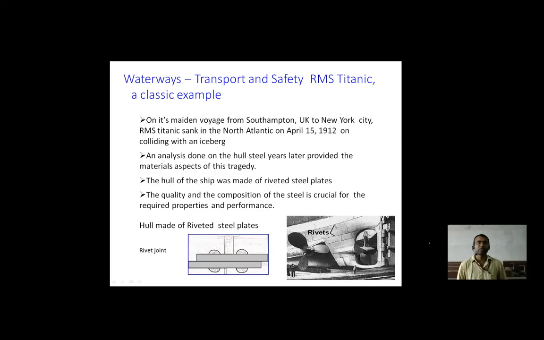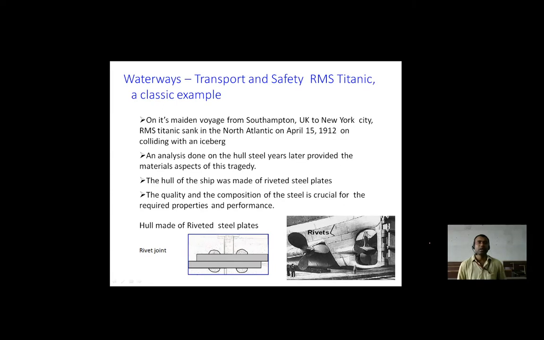After that collision, engineers were accumulating data to analyze what really happened. An analysis done on the hull steel years later provided the material aspects of this tragedy.